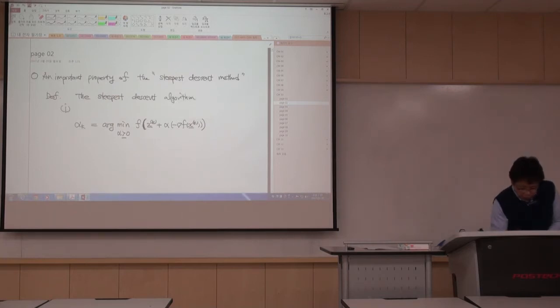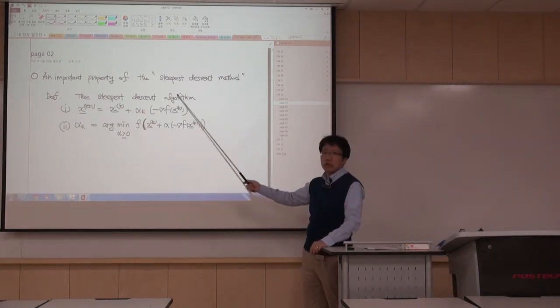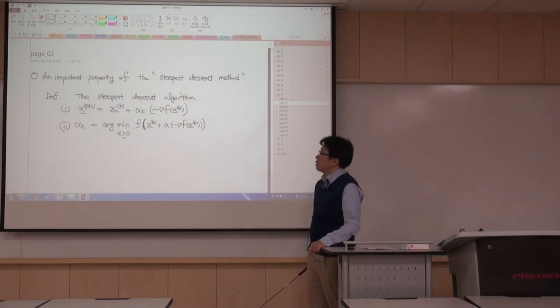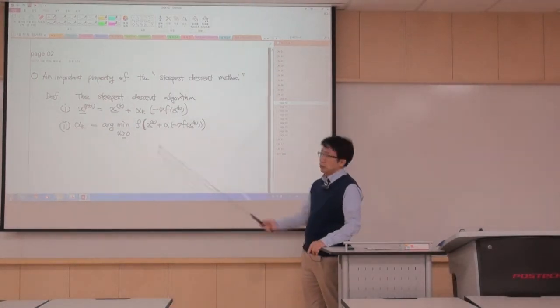One, the k plus 1th iterate equals the kth iterate plus alpha sub k times the negative gradient. Okay, as every gradient algorithm satisfies. And second, alpha is chosen this way. Okay, so these two lines characterize the steepest descent algorithm.